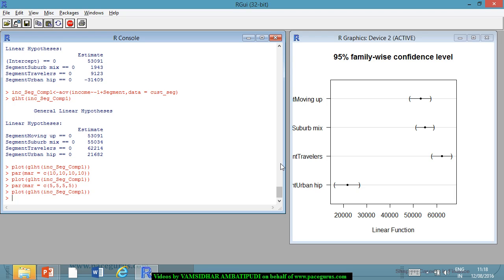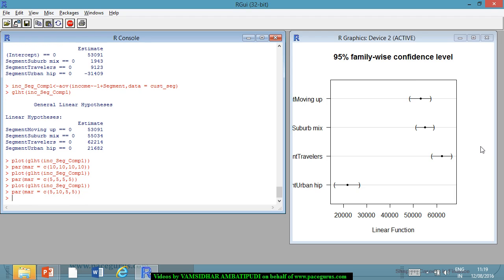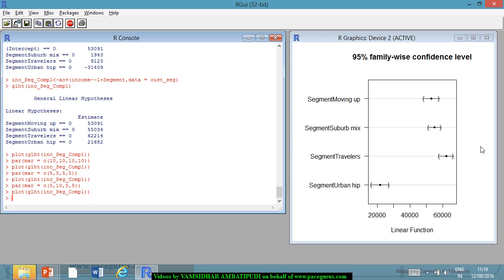So the second one I should set. Let me set it to 10, because this is 1, this is 2, this is 3, this is 4. I think that should solve the problem. Yeah. The second one is being set so that this comes out here.